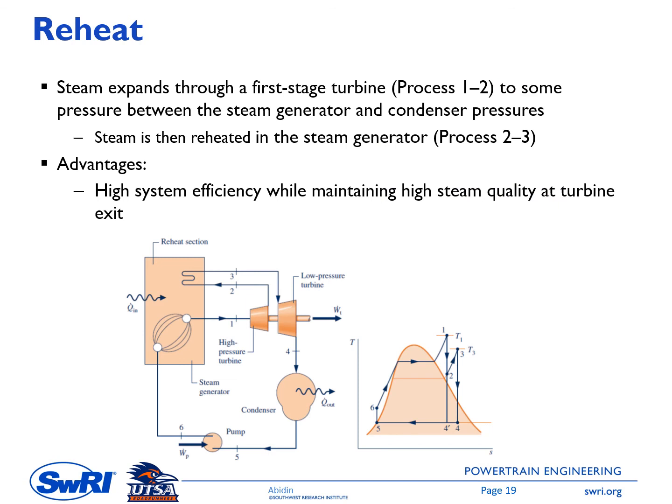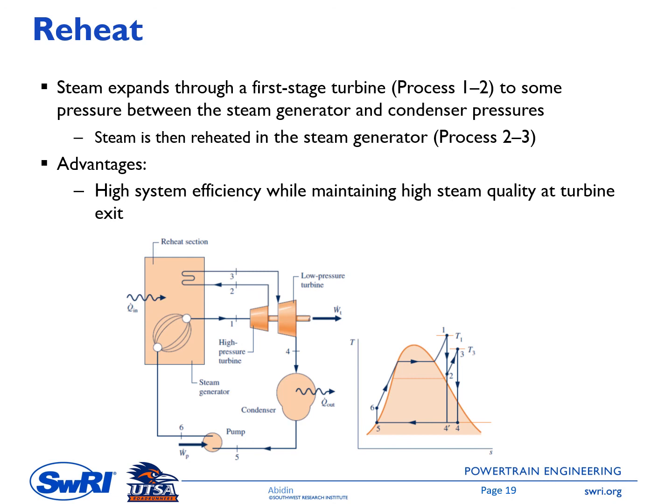The second system modification that is widely used in actual vapor power plants is incorporating a reheater. In this case, we have a turbine with more than one stage. In this figure, you can see we have a two-stage turbine.